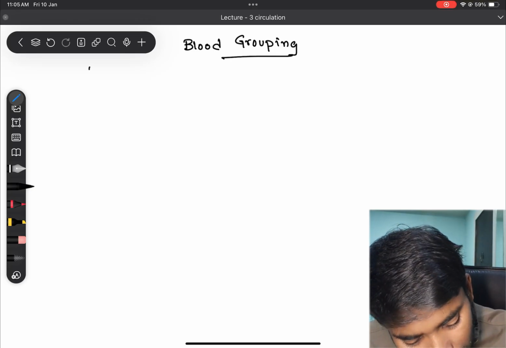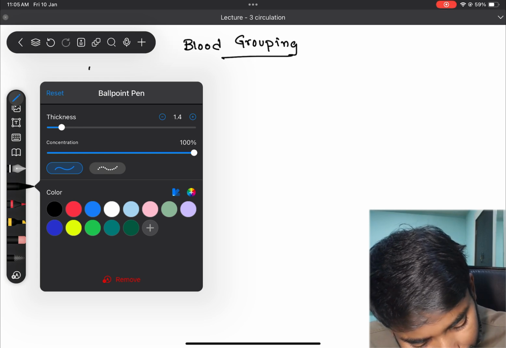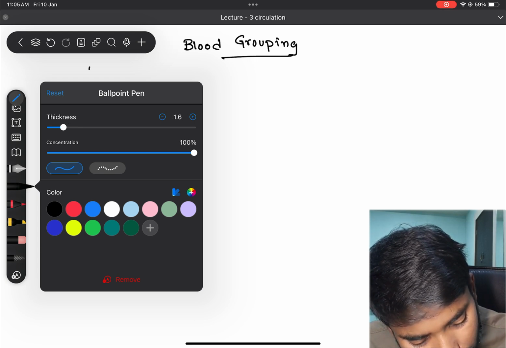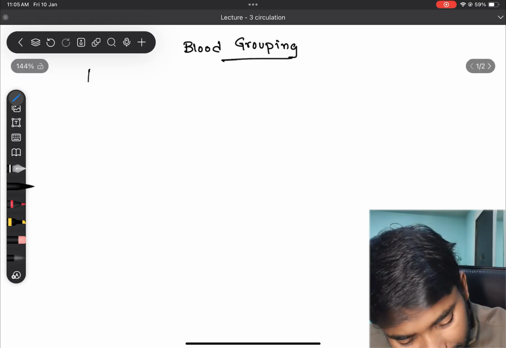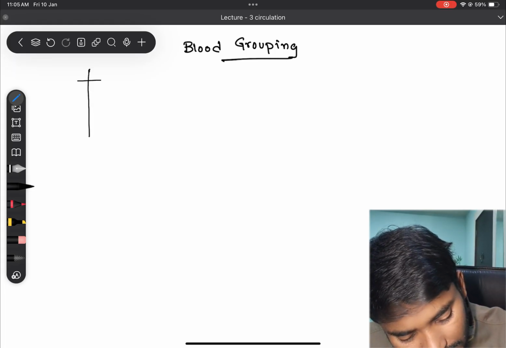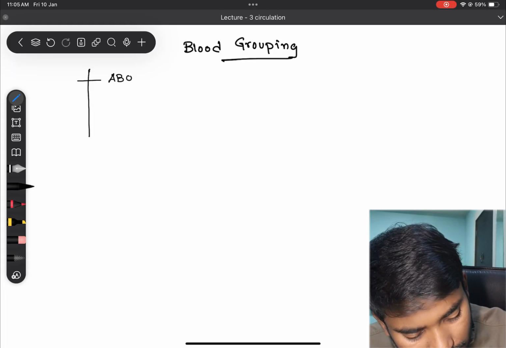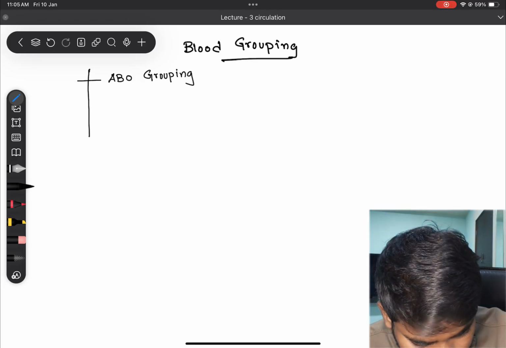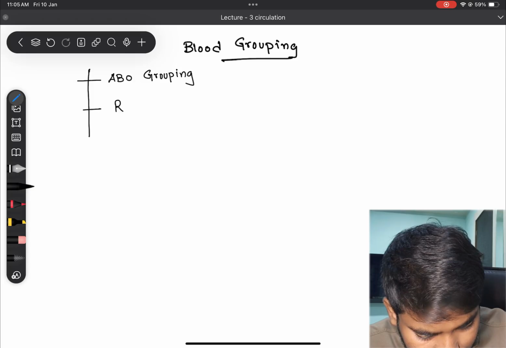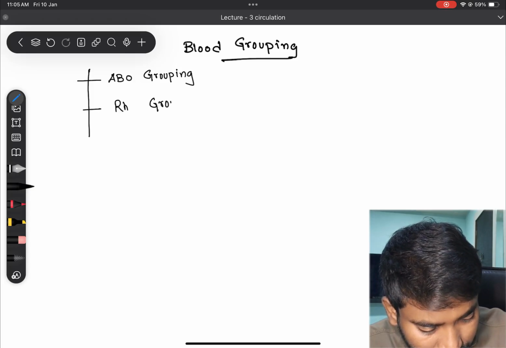There are 2 types of grouping: one is ABO grouping and another is Rh grouping.